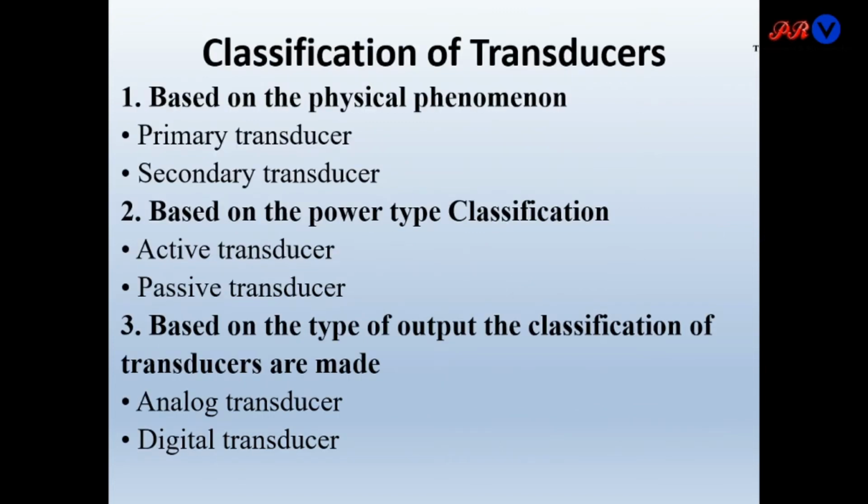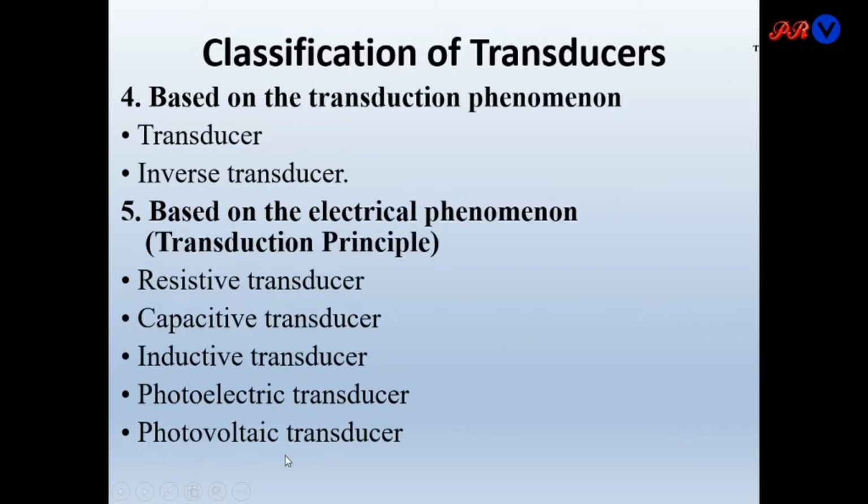Now, we will study classification of the transducers. Transducers are classified into various categories. First is based on the physical phenomena: we have primary transducer and secondary transducer. Based on power type: active transducer and passive transducer. Based on the type of output: analog transducer and digital transducer.